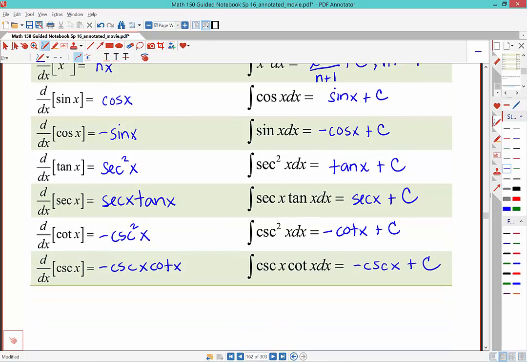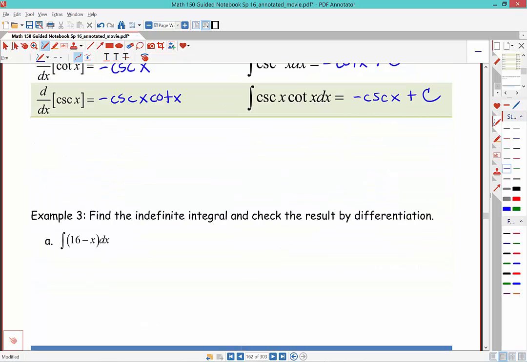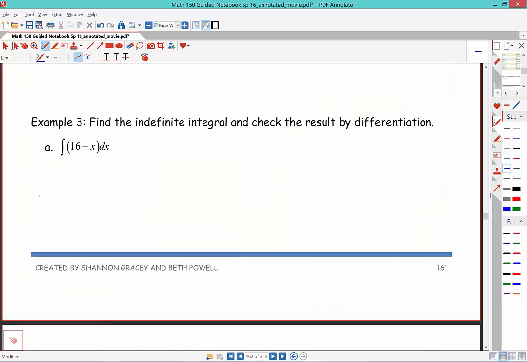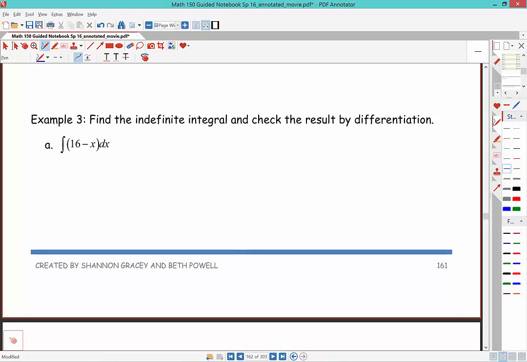Good so far? Great. Okay, so let's go ahead and apply all this lovely stuff. We're going to find the indefinite integral, and we're going to check our result by differentiation. So here, basically, if we use the rule that the integral of a difference is the difference of the integrals, we would have the antiderivative of 16 with respect to x minus the antiderivative of x with respect to x.